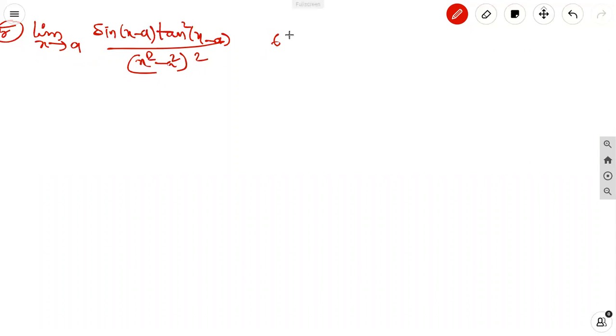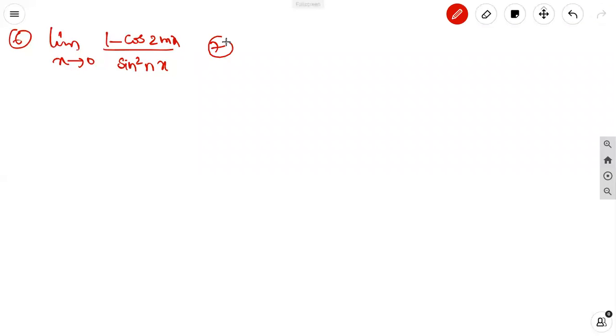Sixth one: limit x tends to 0, 1 minus cos 2mx by sin square nx. Seventh one: limit x tends to 0, 1 minus cos x by x.